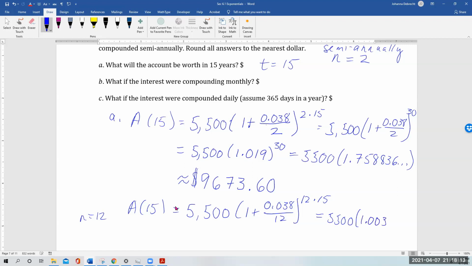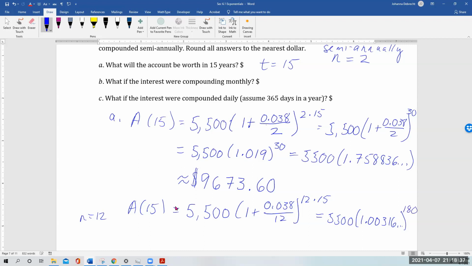So now you've got this number right here repeating, and you're going to raise it to the 12 times 15 power. Now, what is 12 times 15? You may want to store the previous number and then recall it later. 12 times 15 gives us 180.